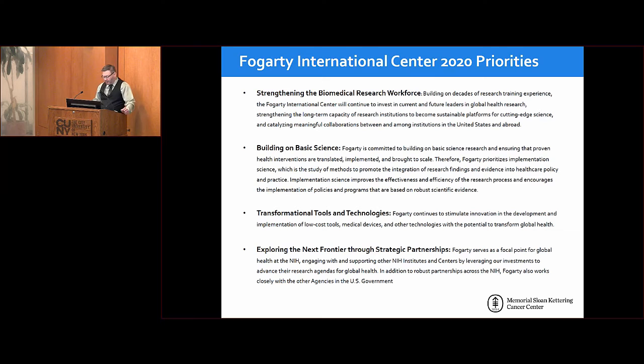For example, they've funded a program where mobile and wireless technologies are used in low and middle income countries to study the effectiveness in improving health. So do you have something along these lines that would fit with this priority? And then below is exploring the next frontier of strategic partnership, which really speaks to some international collaborations.